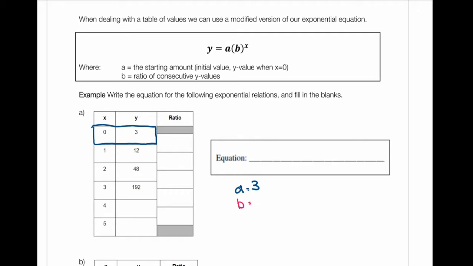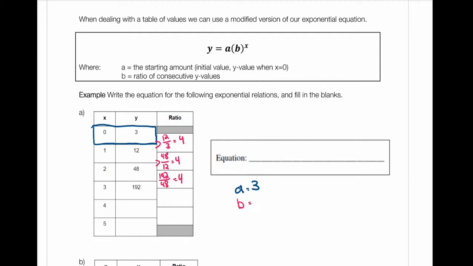To figure out the b value, I need to figure out the ratio. Again, the ratio is like first differences and second differences that we did with quadratics, except instead of subtracting, we're dividing. So 12 divided by 3, or bottom divided by the top, equals 4. 48 divided by 12 equals 4. 192 divided by 48 equals 4.